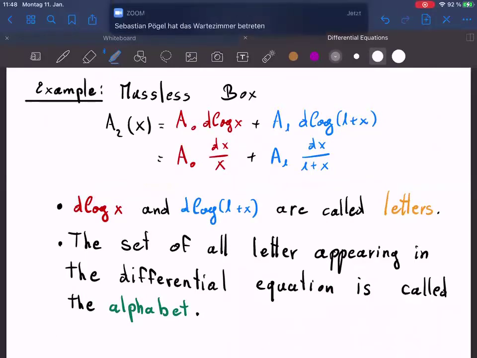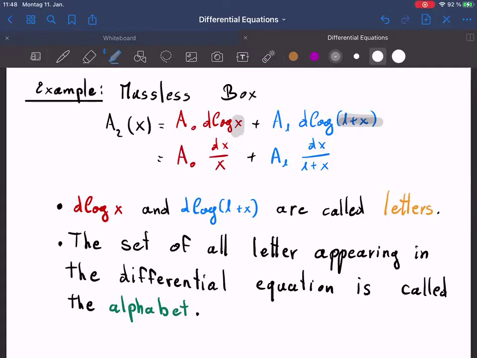Here you see, for example, the massless box, which I already said in words has this form. And indeed, there you see that the arguments are linear: x, which is linear, and 1 plus x, which is also linear. So that is the simplest case of functions that you can get, and that is what we are going to try to understand first, at least very briefly.